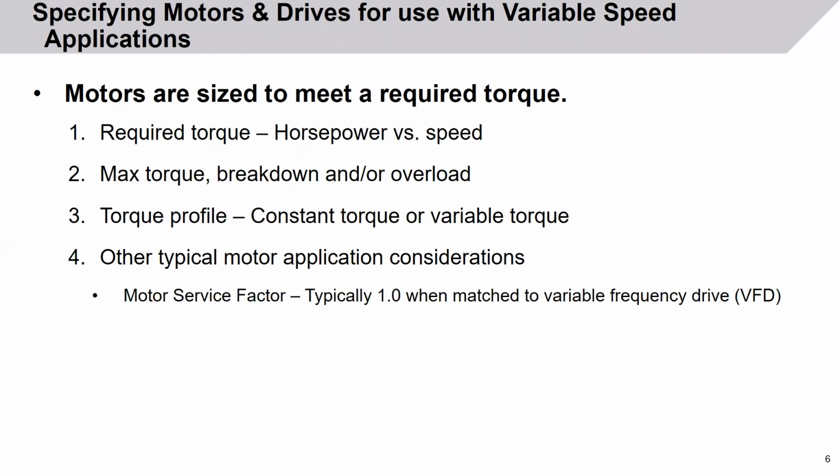You also need to know the max torque, also known as breakdown torque or overload capabilities. You also need to know the torque profile of the load, whether it's going to be constant torque or variable torque, and other typical motor application considerations for the environment and whatever else.